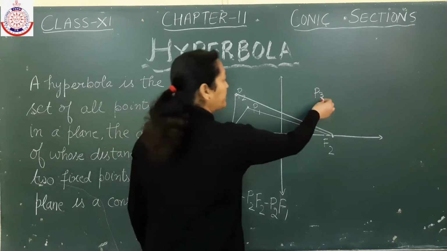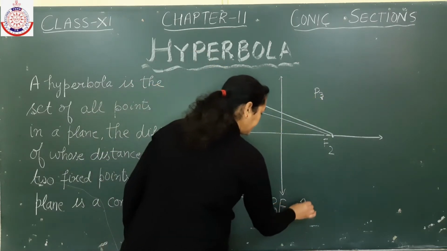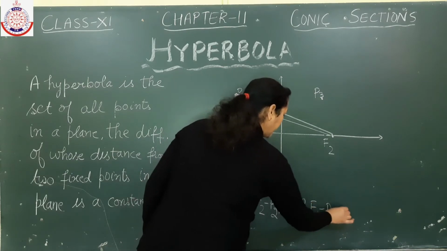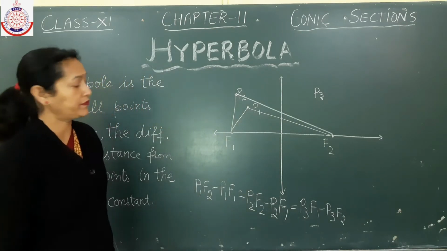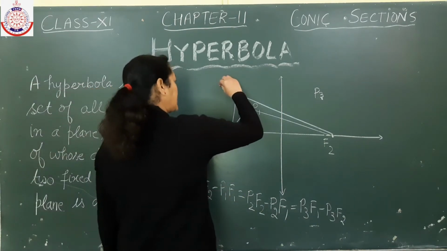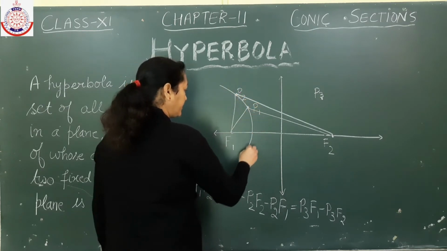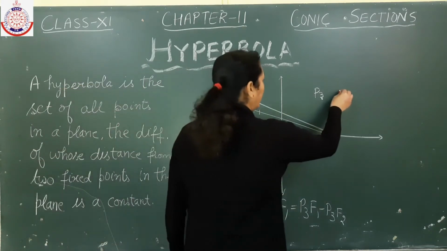Similarly, if we have taken point P3 here, P3 F1 minus P3 F2. All these values will be same. So if we join such kind of points, the shape obtained will be called hyperbola.